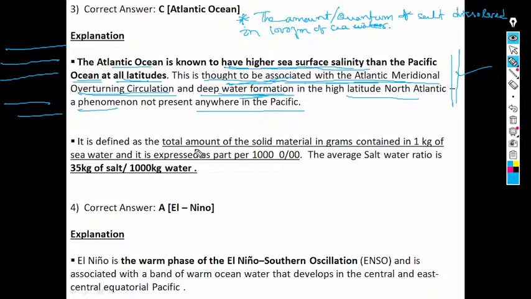Salinity is defined as the total amount of solid material in grams contained in 1 kg of seawater.